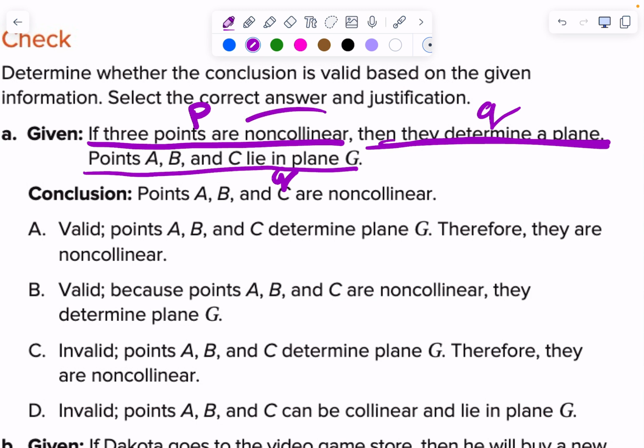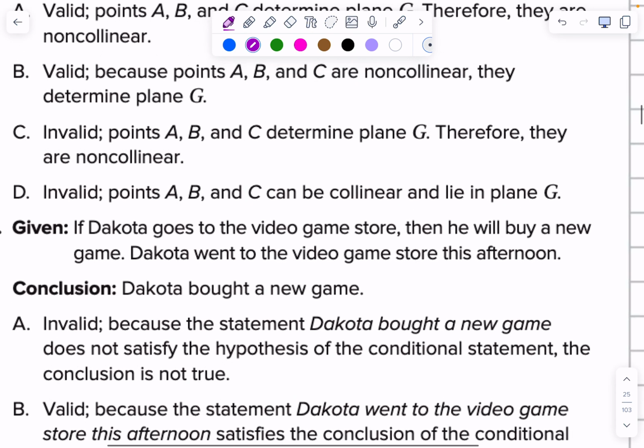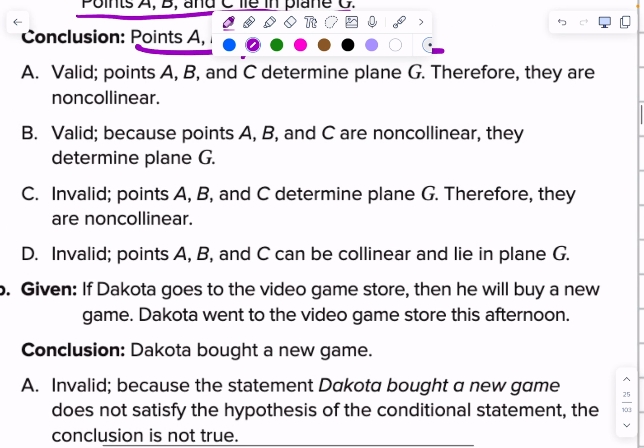It doesn't say anything about them being non-collinear. Does that mean A, B, and C are not collinear? We don't know anything about them being on the same line. It's got to go PQ, PQ. This one went PQ, QP. That's not necessarily true. It's trying to say that the converse is true, and it's not. Okay, invalid.